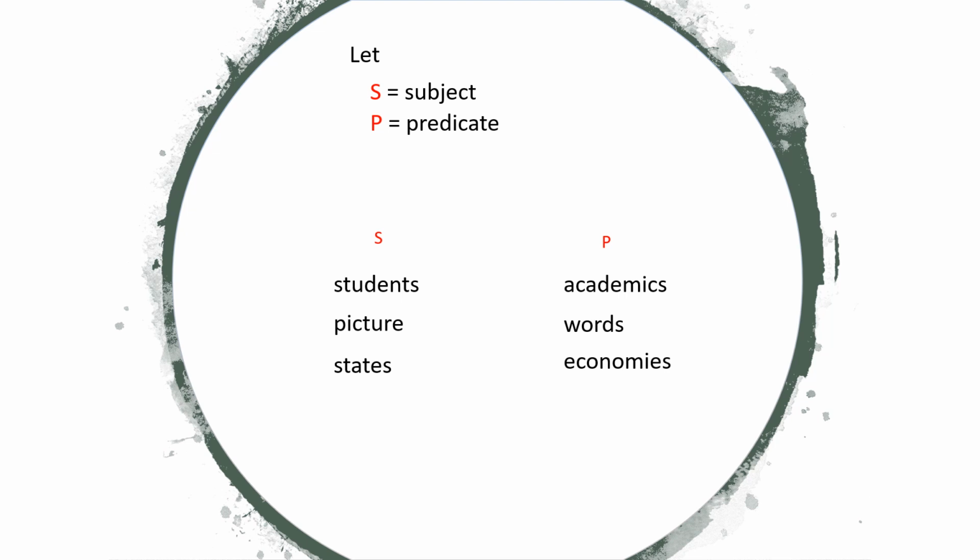Now, this is important to be highlighted because remember that propositions actually relate terms, right? But because these terms are also representing a particular class, these terms are not only in themselves mere words, but they represent a particular class, a particular collective, or a particular genus or species of a particular thing.